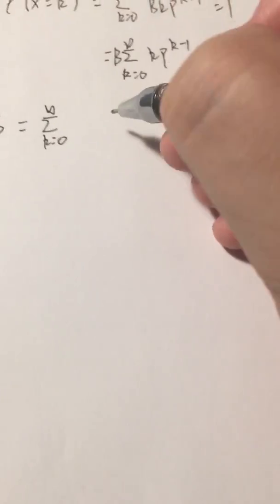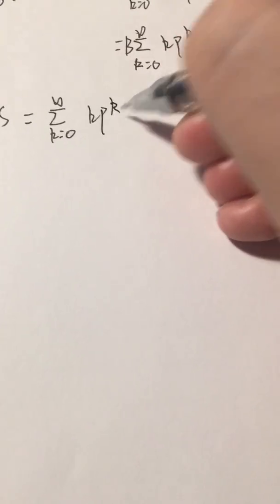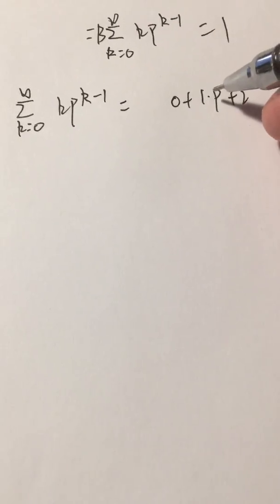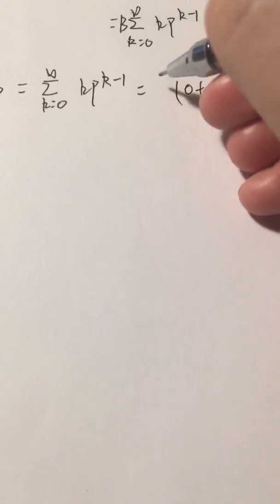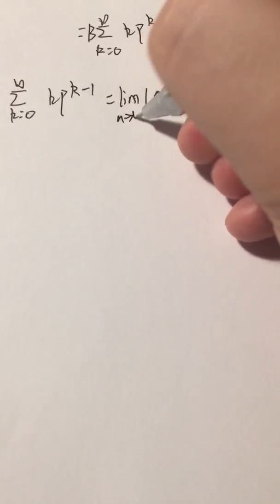Then we let s equal the sum of k p to the power k minus 1, which means 1 plus 2p plus 3p squared, and so on, plus n p to the power n minus 1, when n goes to infinity.